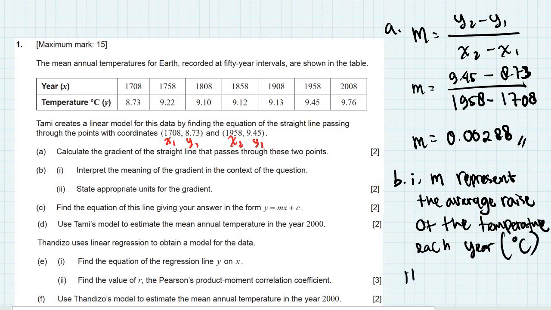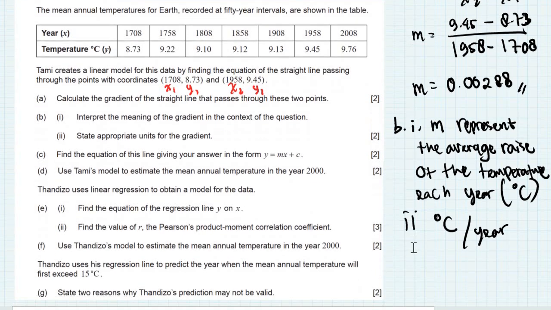That's part I. State the appropriate units for the gradient. It's degree Celsius per year. Once again, the m represents the increase of temperature, which is in degree per year. So that's the appropriate unit for the gradient.